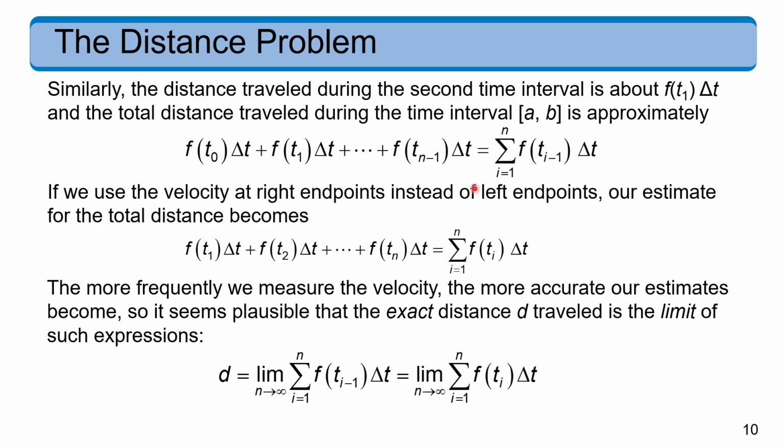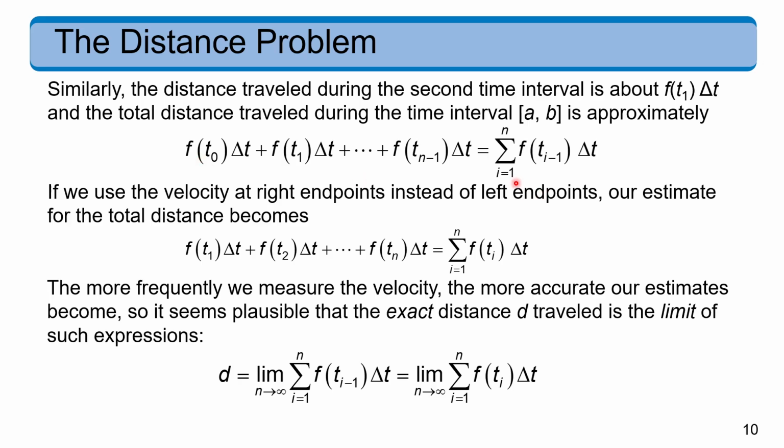Notice this can be converted into the sigma notation we introduced earlier, because every term follows a pattern in our sum. Every term is f evaluated at t with some subscript times delta t, so that's here. And then we've chosen the beginning value for i to be 1. Notice when you plug in 1 here for i, the subscript would be 0. And that's correct because our first term has t0.